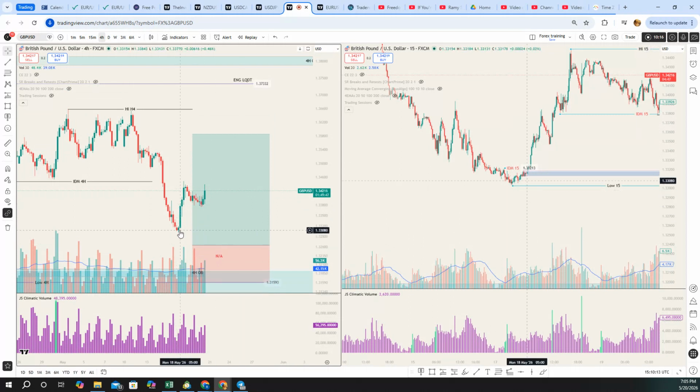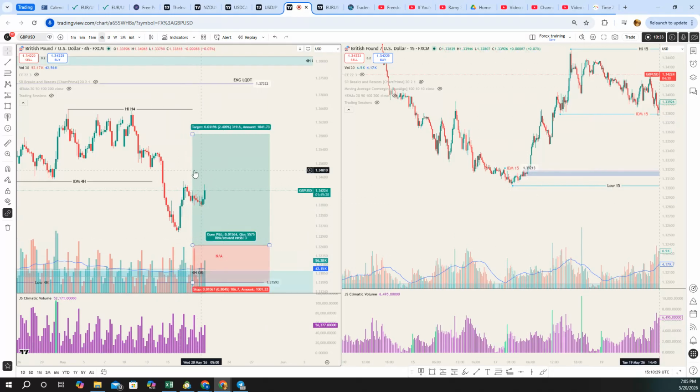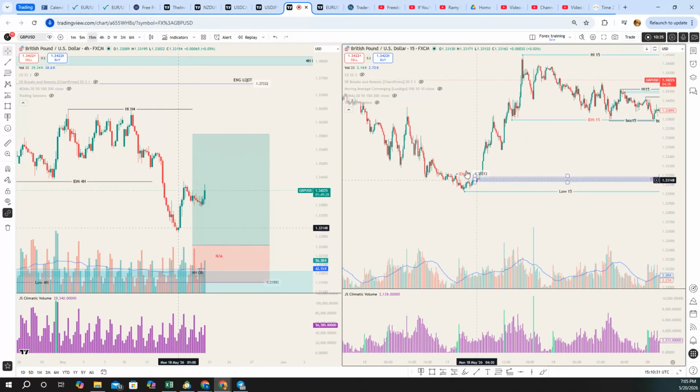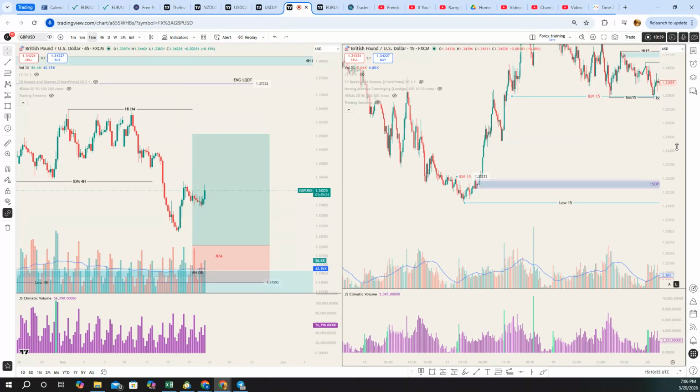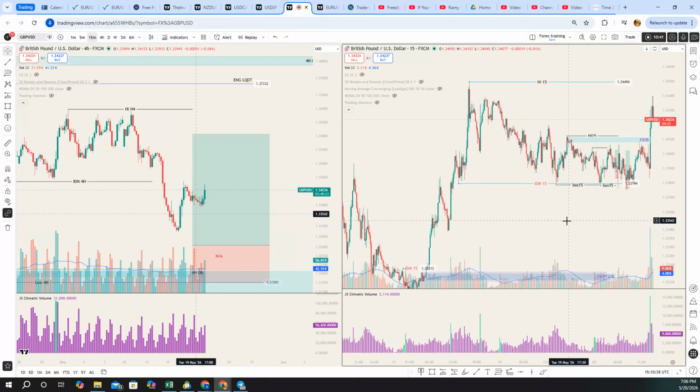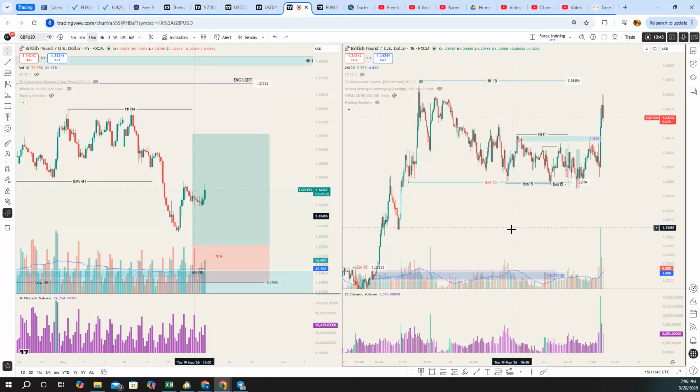I have assumed that for whatever reason, there was a reason for this reaction. Therefore, I assumed, even though I didn't know, that since there is such a reaction, there is something here that made the price on the 4 hour make this behavior. Therefore, I treated this inducement as a break of structure and created a bullish structure on the 15-minute.